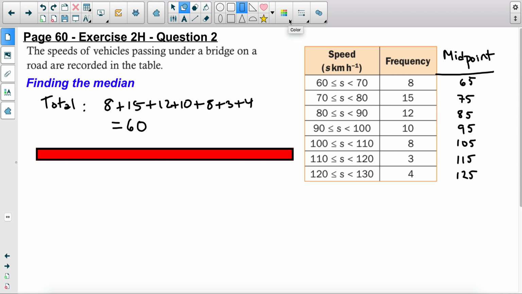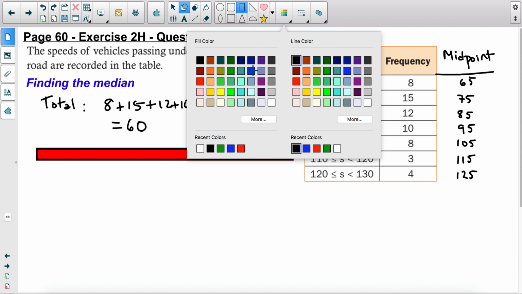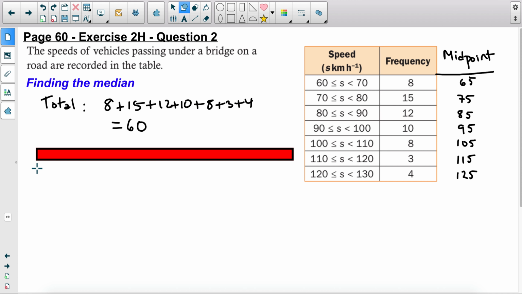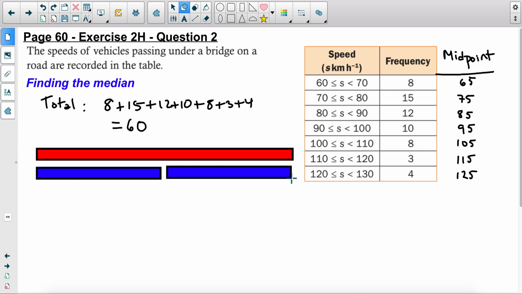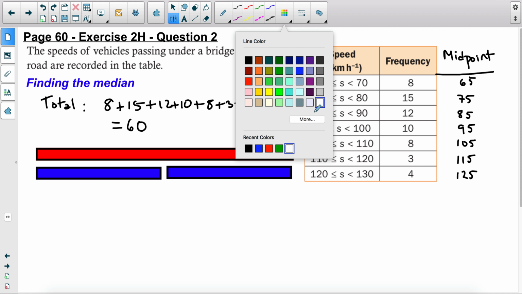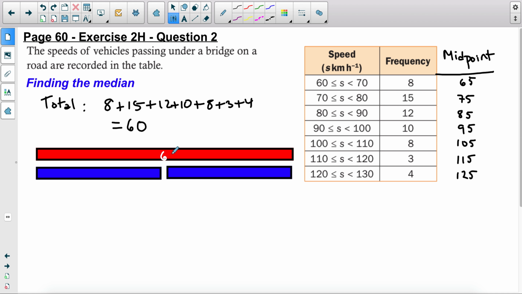Again, with this question, we have an even number of data. So I can nicely divide my data into 2 parts, so I can nicely split it into 30 and 30. So this is my 60, and I can have 30 pieces of data here and another 30 here. Remember, with the median, you want the middle value. So the middle value will be right in the middle there, but we're not sure if it's on this side or that side.